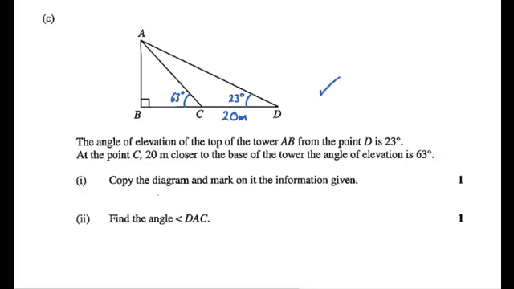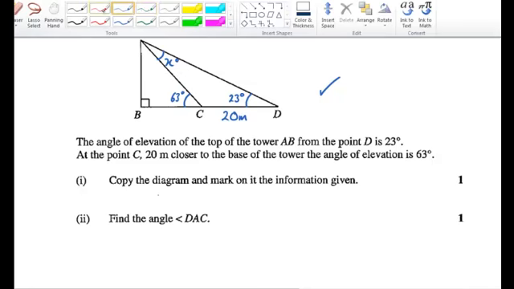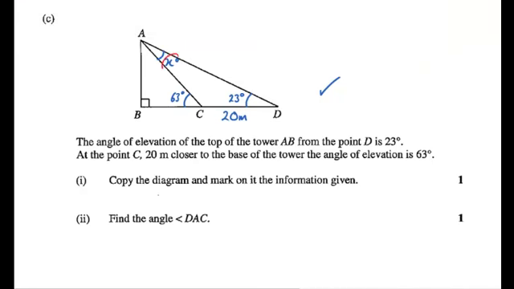Find the angle DAC. So DAC is this angle here. I'm going to call it X to make it easier. Alright, so how do I find that angle? Looking at the information that I've got. So first of all, if I want to find this angle, I need to use its opposite side.